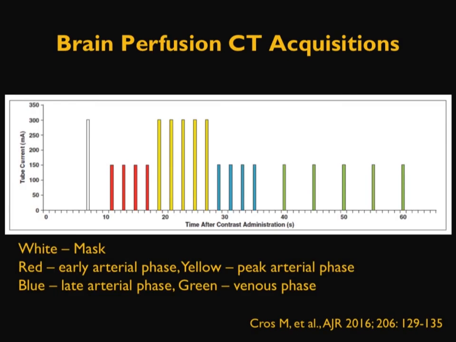Here is an example of a brain perfusion CT acquisition. You have an initial scan of the head CT that is considered a mask, followed by the series of red columns here, which indicate CT acquisitions of the same region in the early arterial phase, followed by a number of acquisitions we call the peak arterial phase, and then a blue one called the late arterial phase.